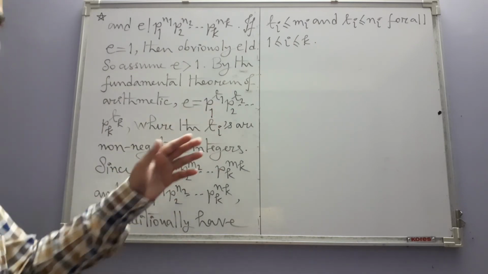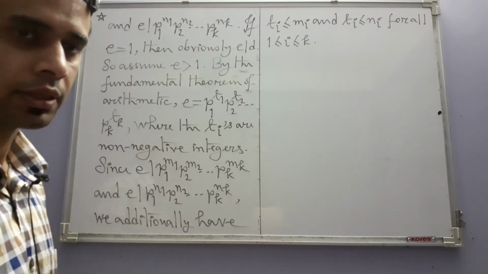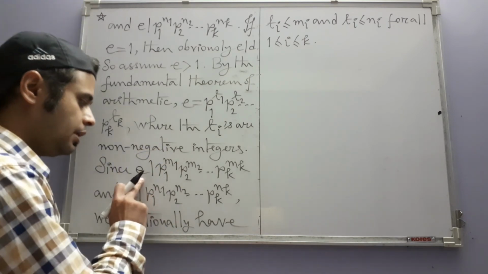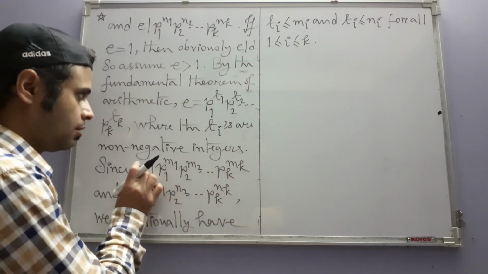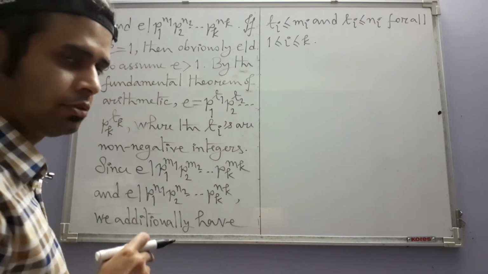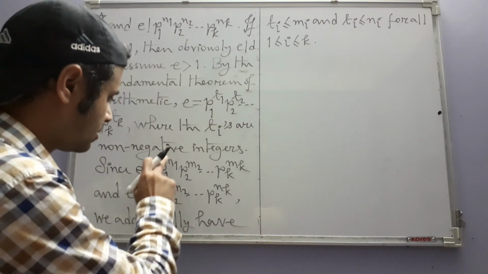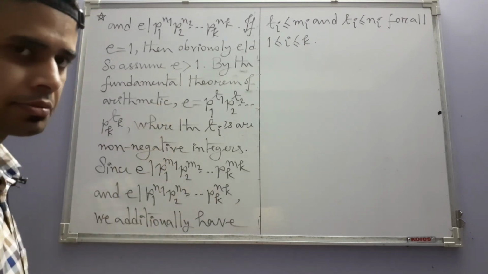Because if, for example, t1 becomes greater than m1, say, then E will fail to divide this, because then the power p1 to the power t1 would be more than the power p1 to the power m1. So then how can E divide this?